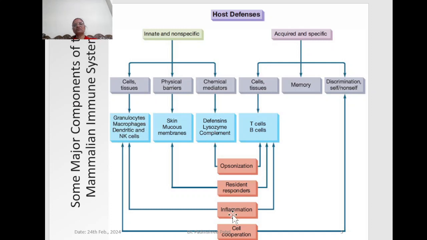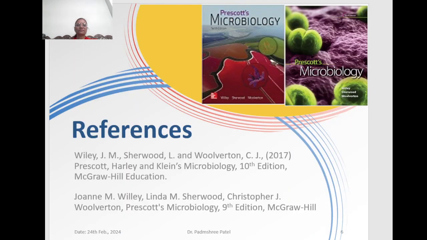Similarly, the inflammatory response is given by activated cells in connection with the cells of the innate mechanisms. So there are certain interlinkages between the innate and acquired mechanisms of host defense.